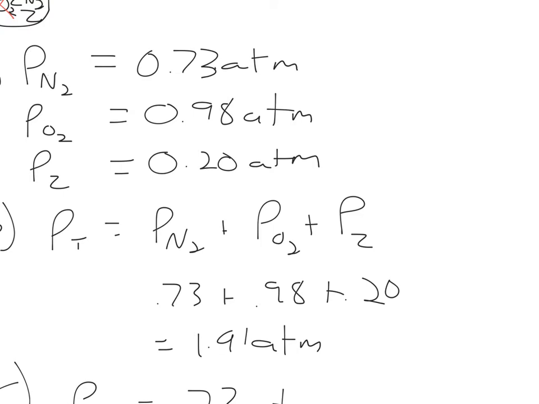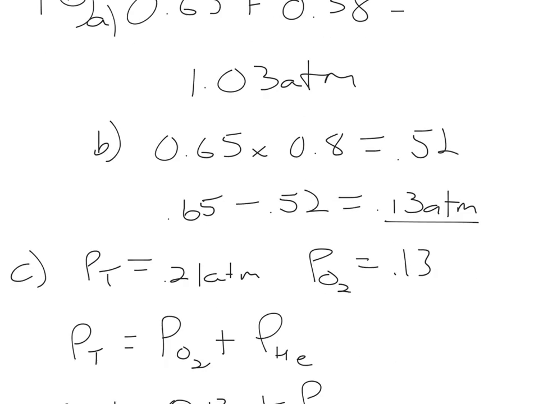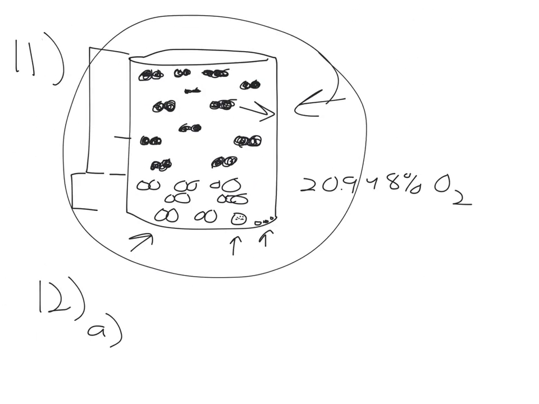They all add up to the total. So if you picture, let's go back down to our drawing, let's say that this was just at 1 atmosphere, that the total pressure inside of there from all the gases was 1 atmosphere.